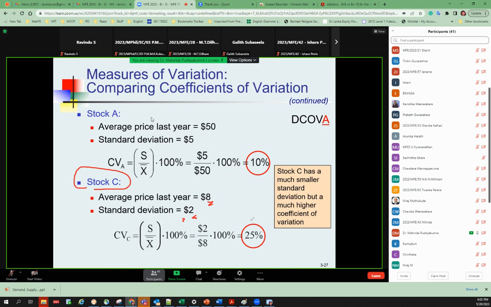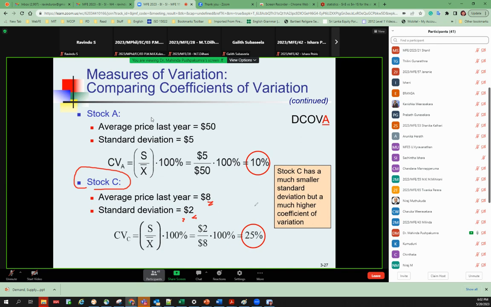Then which one is more volatile or more dispersed? This is relative to the mean. This is 10%.